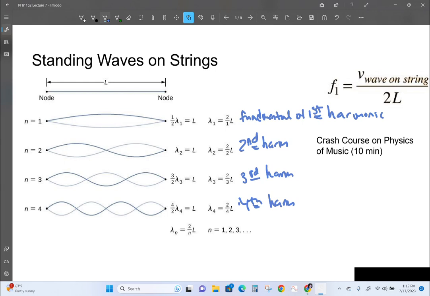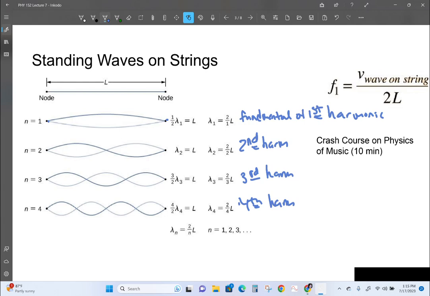The fundamental has one antinode and two nodes at either end. And the only way this can form is so that there are nodes on the end, because this is a string that's tied off at each end. And so the only waves that can form are waves that have a node on each end.